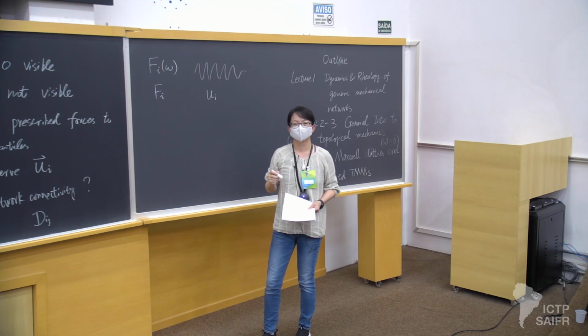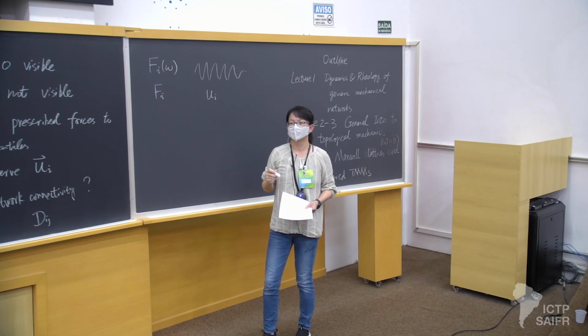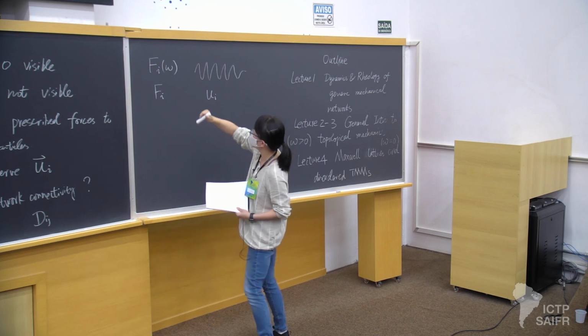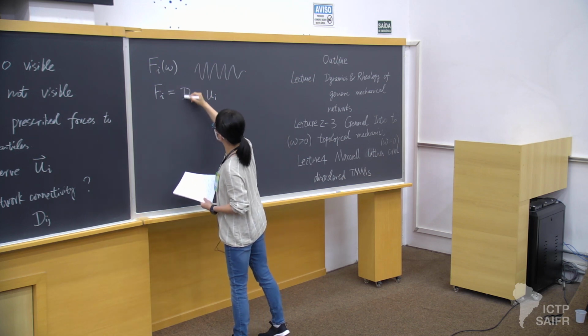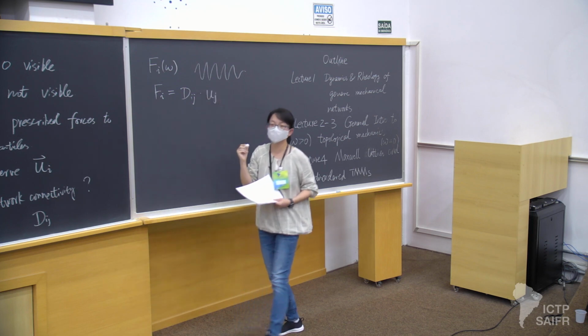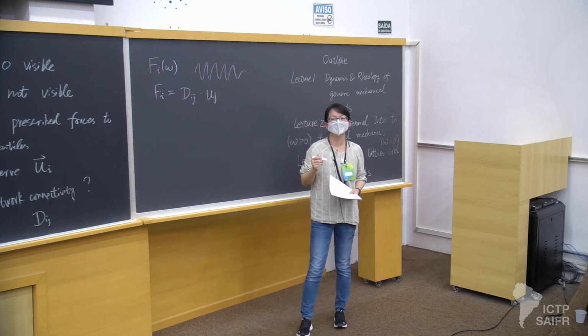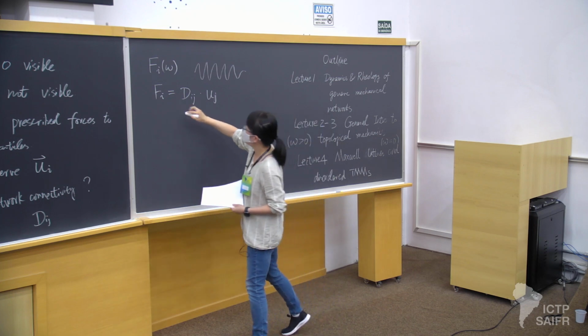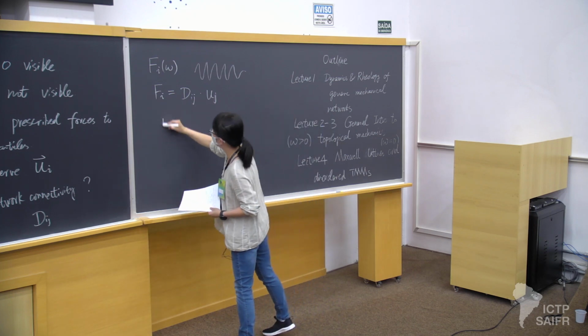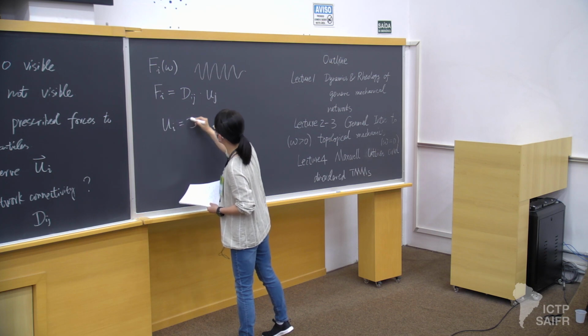For normal modes? Yeah, so that answer comes from that form, right? So you just use this matrix, right? And if you have prescribed force and you want to know what is U, you invert this matrix.